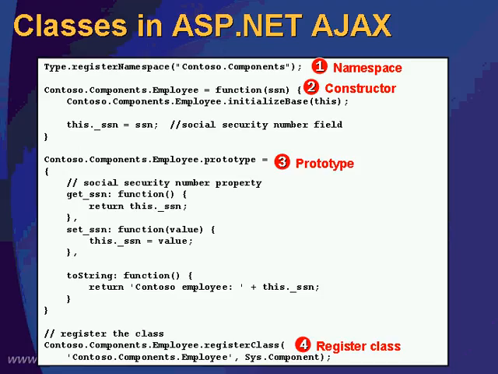And then you can optionally pass in a type that you want to inherit from. And as well, you can also pass in an array of interfaces that you want to implement. So just by adding a few extensions, like creating a namespace, calling initializeBase, and then calling registerClass, we're going to get some pretty great functionality, including inheritance as well as interface inheritance. So we've really extended this model quite a bit.